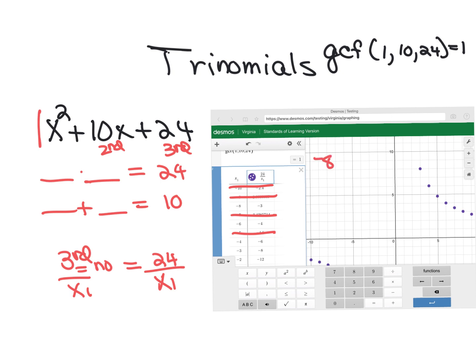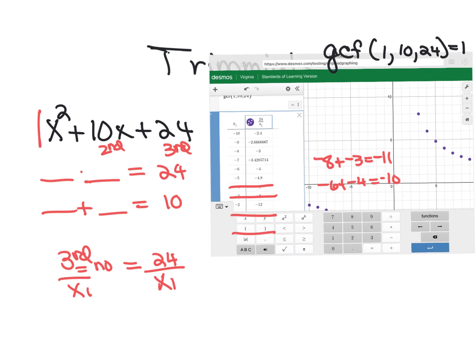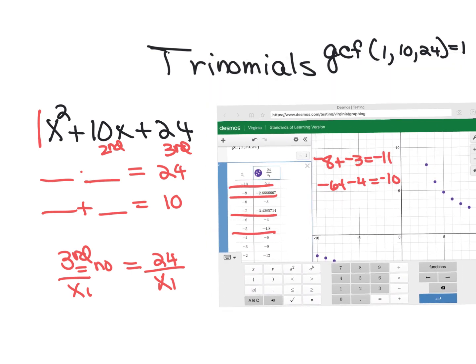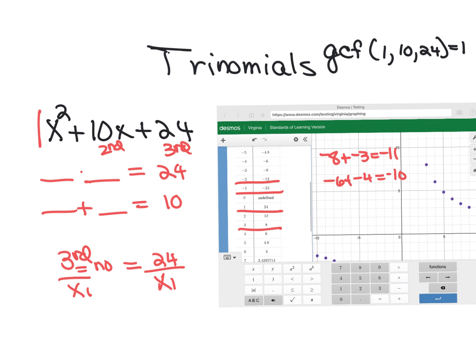So basically what we're doing is we're taking those two numbers and we are adding them together. -8 plus -3 would be -11. -6, -4 is -10. I noticed that in my problem, everything is positive, so that should mean something to me in terms of the table.